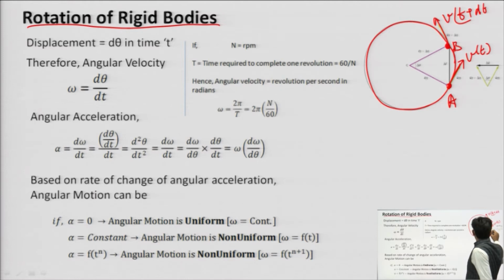If the speed remains the same but the direction of the velocity is going to change, then there is a change in velocity, and if there is a change in velocity, then it will have an acceleration, which we have discussed.